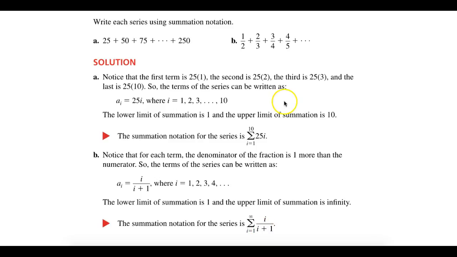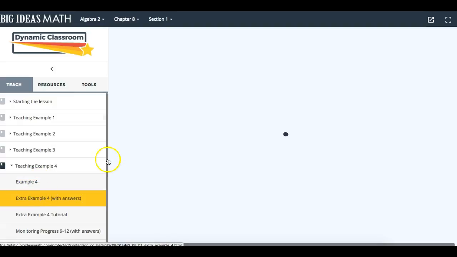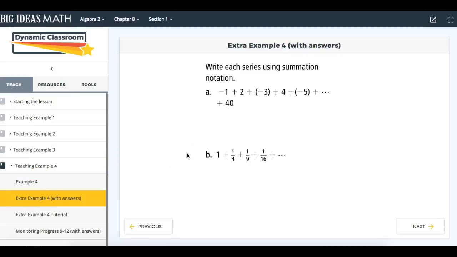So what I want you guys to do here, if we go to do an example, with this one, I want you guys to write each series using summation notation. However, we don't have the sigma notation. So what I want you to do for each of these is separate them by part A and B. I want you to tell me the lower limit, the upper limit, and the rule.